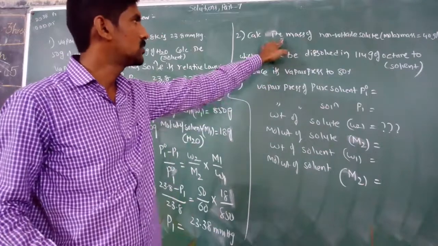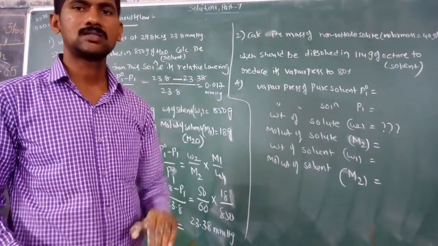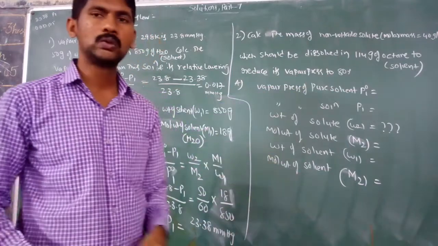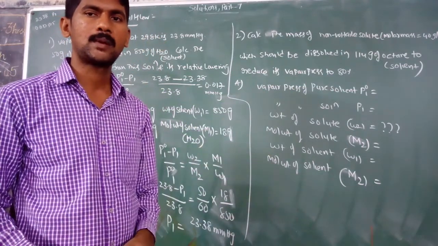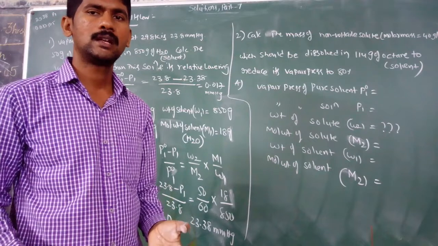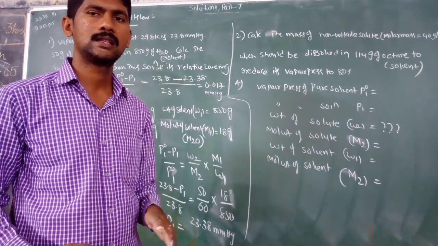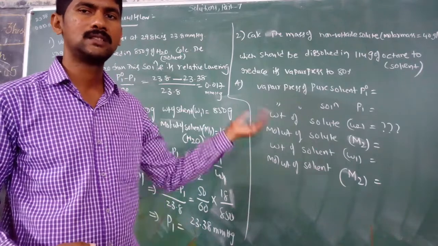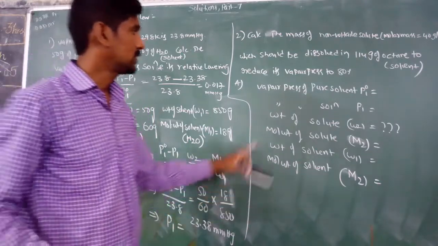When a non-volatile solute is dissolved in the solvent, the vapor pressure of solution is reduced to 80%. You know that when a non-volatile solute is dissolved in a solvent, the vapor pressure of the solution is reduced. How much is it reduced? To 80%.